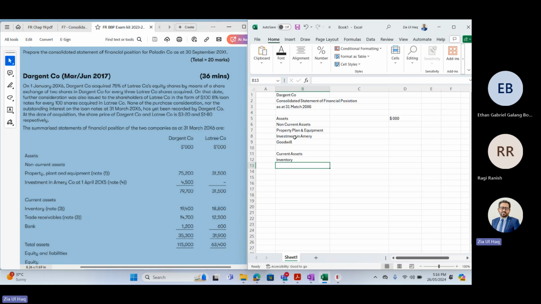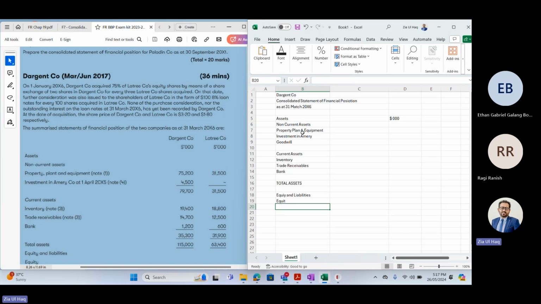Okay, we are having inventory, we are having trade receivables. We are having bank. And then we will be able to calculate the total assets. And then we will move towards equity and liabilities. First we will write equity.